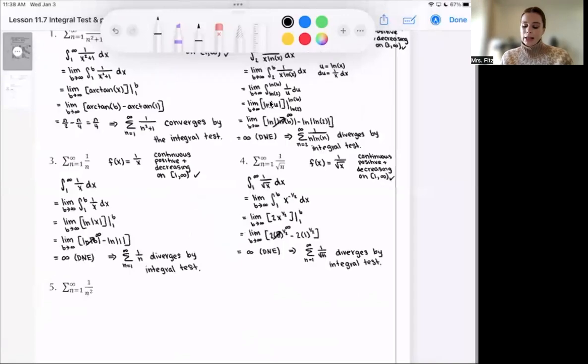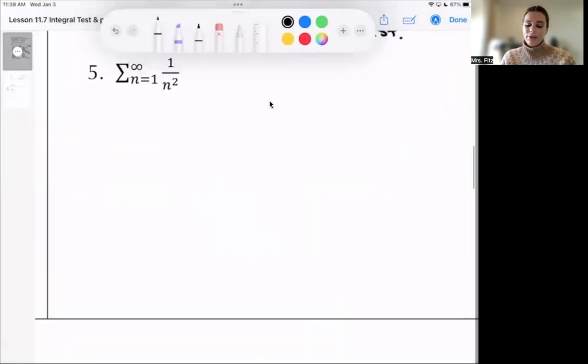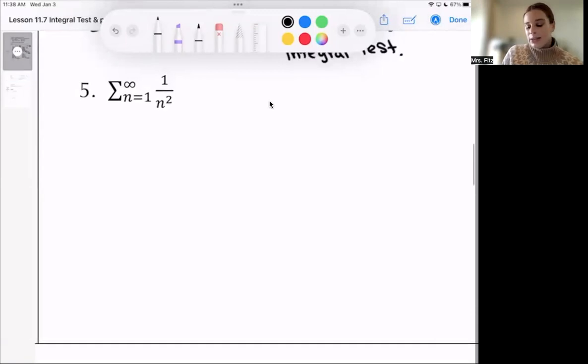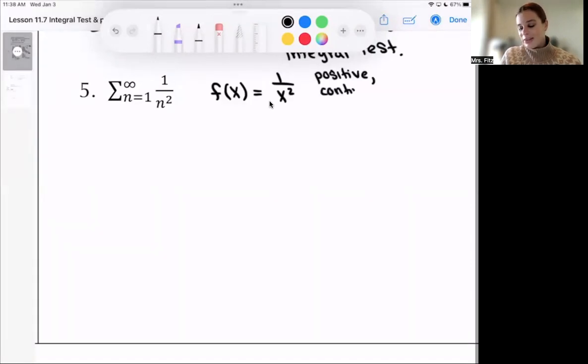All right, last one, number 5, we have the sum from n equals 1 to infinity of 1 over n squared. So once again, we're going to write out f of x, which is 1 over x squared. It is in fact positive. I know I'm going in a different order, continuous, and decreasing on our interval from 1 to infinity.